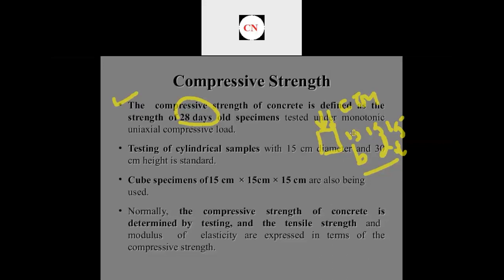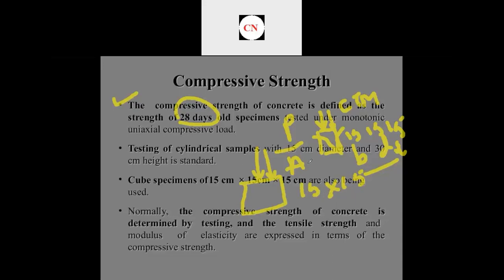Then we observe the maximum load which can be taken by this cube before it undergoes rupture or failure. This load is divided by the area over which the load has been applied, that is the surface, 15 by 15 centimeter square.